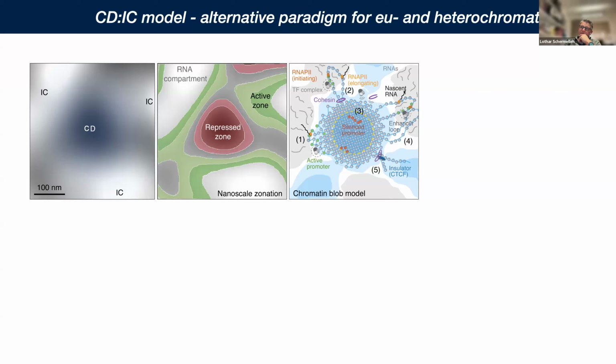And you can speculate what RNA and potential phase separation of RNA and RNA binding proteins do to manifest this separation.